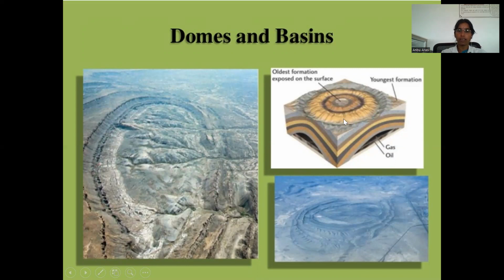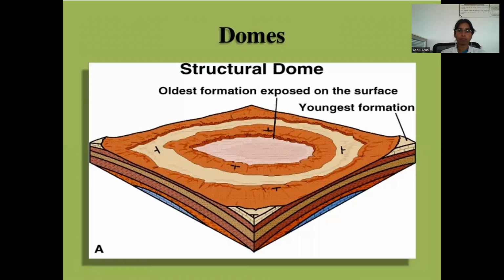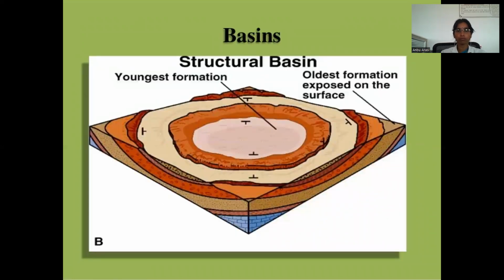That is called a dome or basin. Here, it is clear: the oldest formation is exposed at the surface. This is the oldest formation and this is the youngest formation. This is the center point. Dip is in all directions. When it is like this, then it is like a dome. Only then it is called a dome fold.